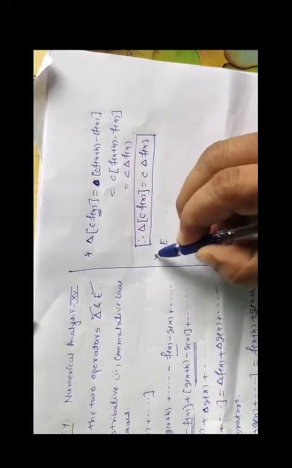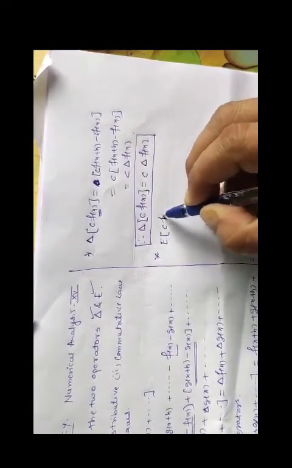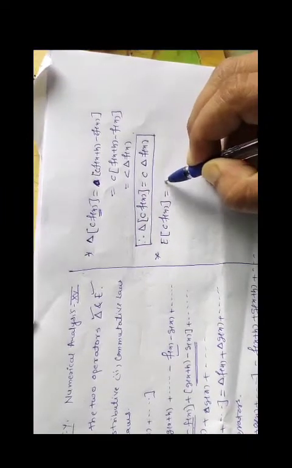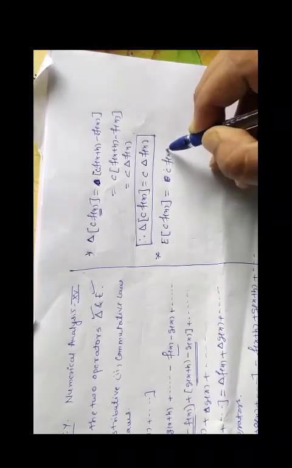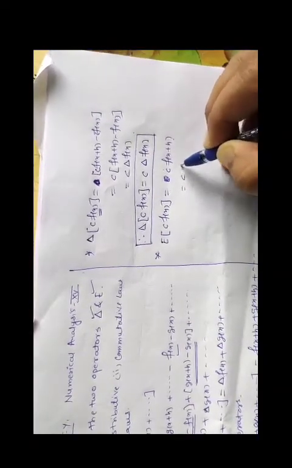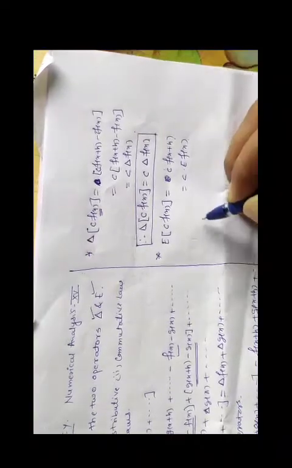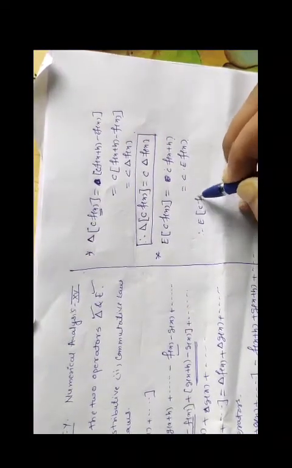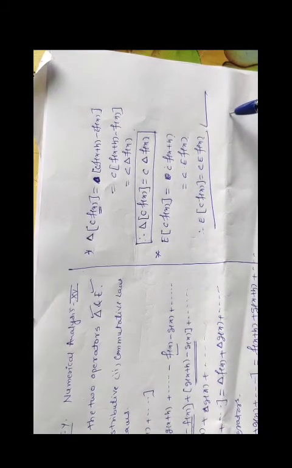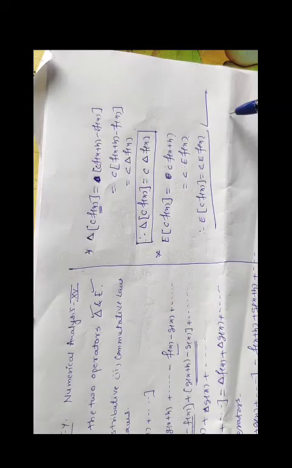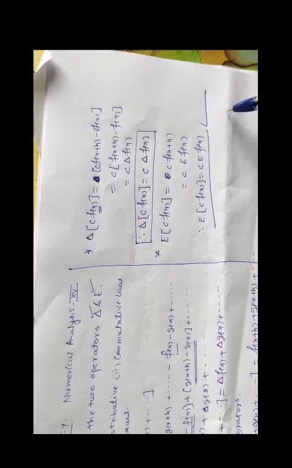Similarly, using the shift operator, E of c f of x gives c times f of x plus h, and c times f of x, and therefore E c f of x can be written as c E f of x. This is the commutative law.